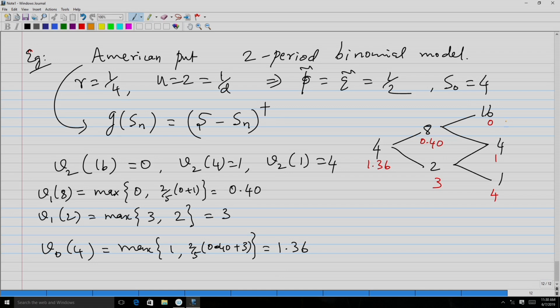If I look at that, let me put the corresponding values in a different color. So, that remains 0 here, 1 here, 4 here, because there is no difference in that.